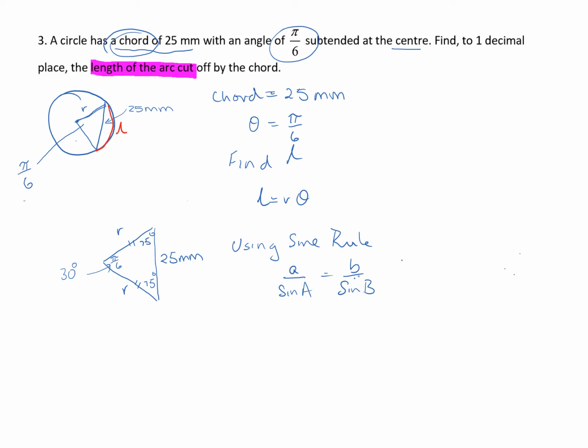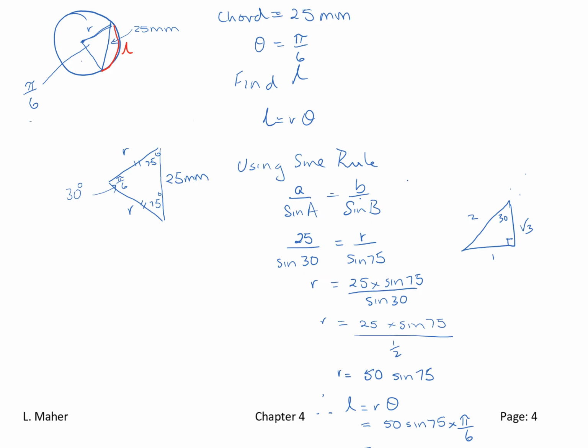So that's so critically important that you have a diagram. I might pause the video and do some calculating and come back and talk about it. So you can see here I've set up the sine rule, and I've gone back to degrees, which is fine with the sine rule.